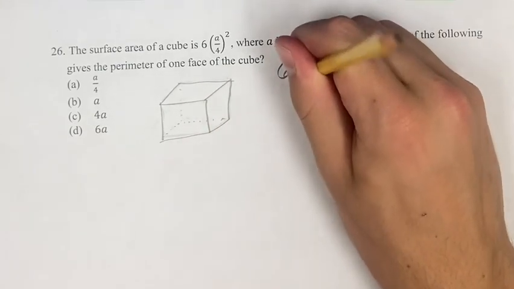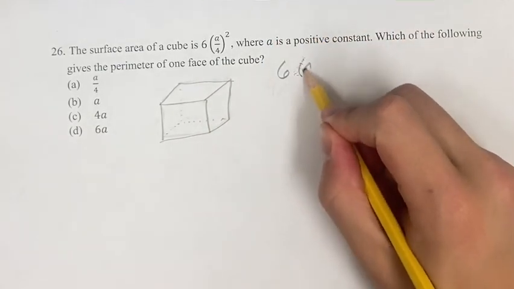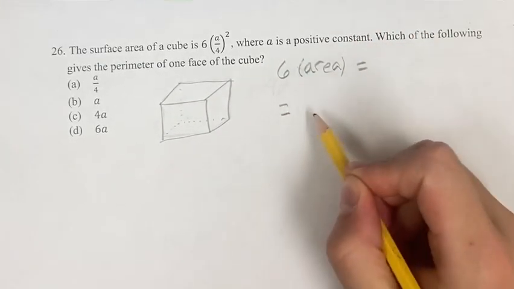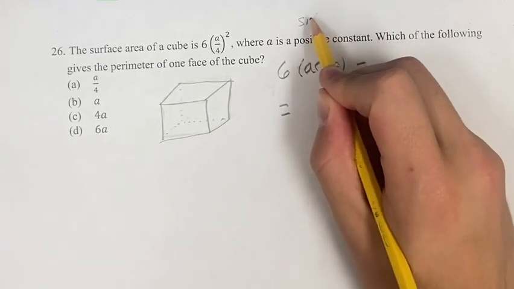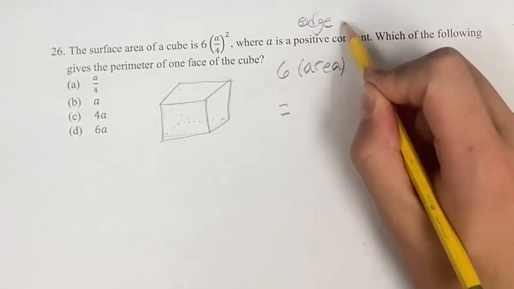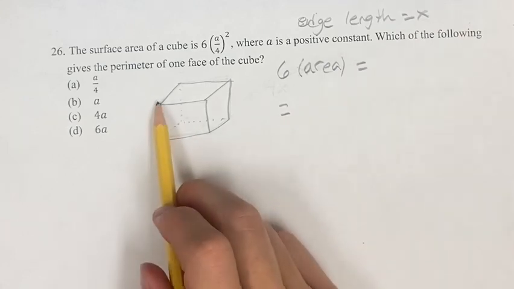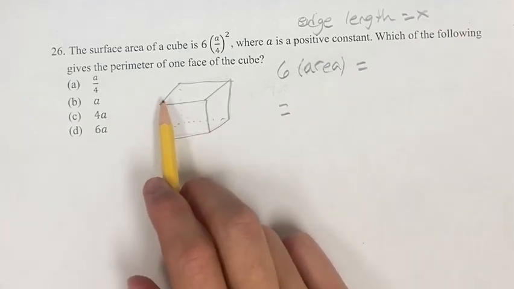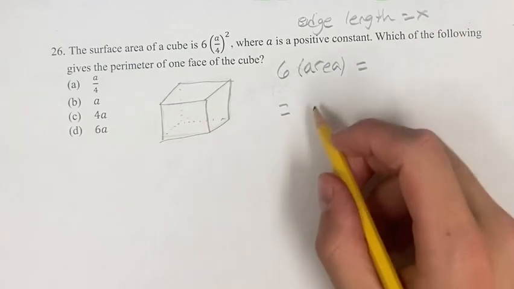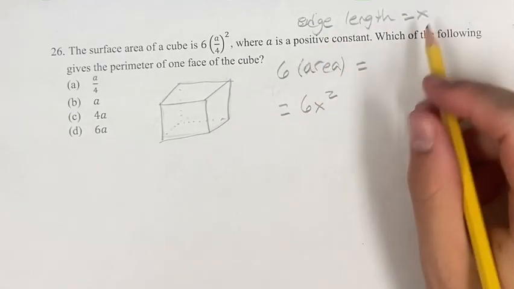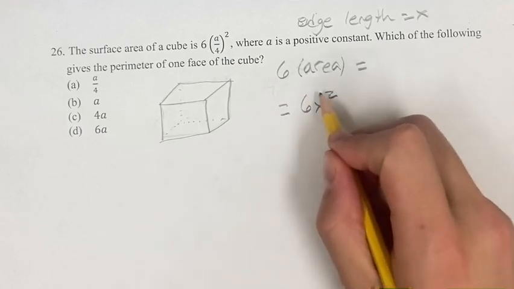We have 6 faces times the area of 1. I put this intermediate step here just to make it a little bit clearer. If we call the edge length x, then the area of one of these squares is x times x, so we have 6x squared.